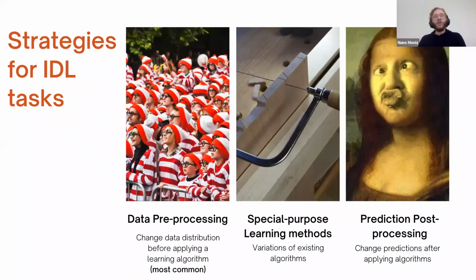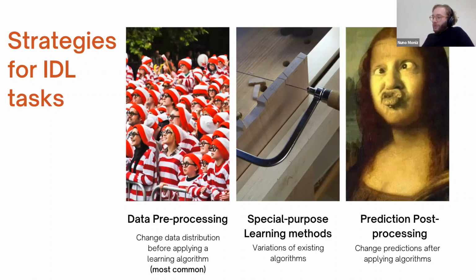What strategies can we use? Let me try to sum this up in other words: imbalanced domain learning is the process or the tasks where you have to bias models towards a specific type of targets, okay? And when you want to bias models, you have several strategies that you can use.